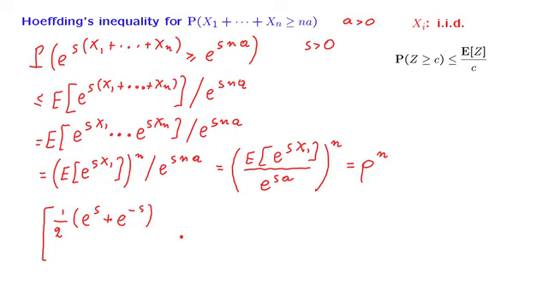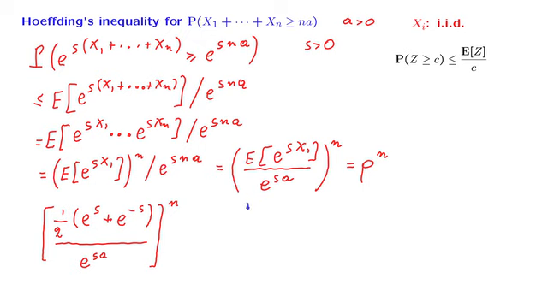So this is the expectation in the numerator, and we write again the term in the denominator, and we have all this to the power n. If we can choose s so that this quantity is less than 1, we will have achieved our objective. Can we do that? Let's see.